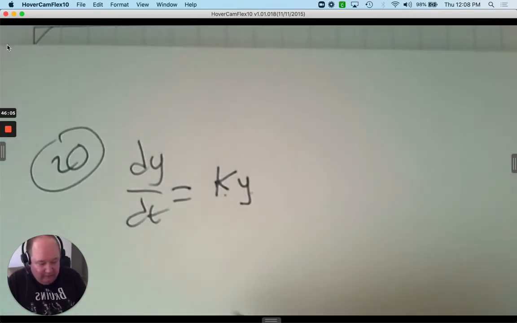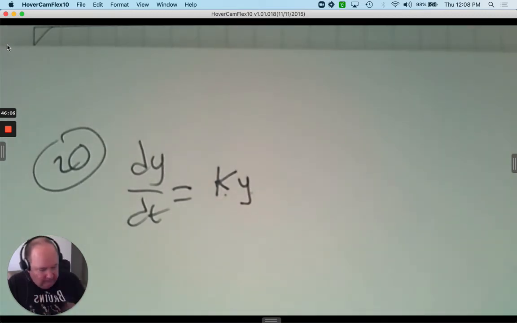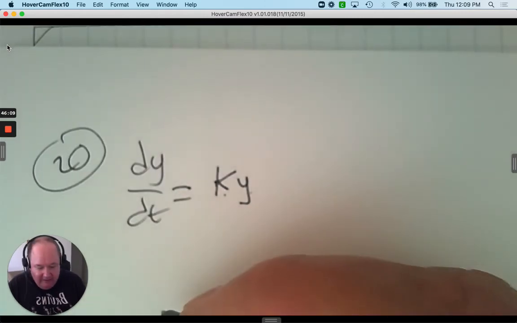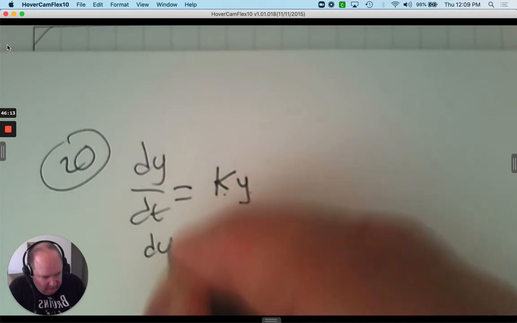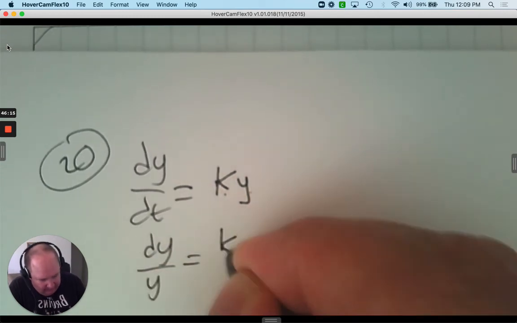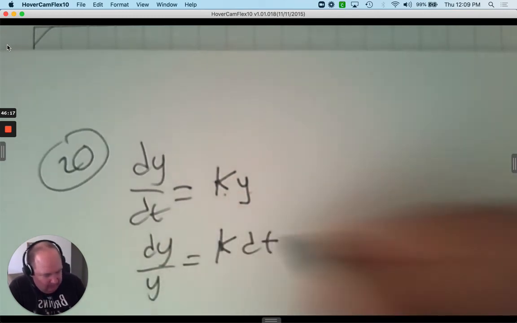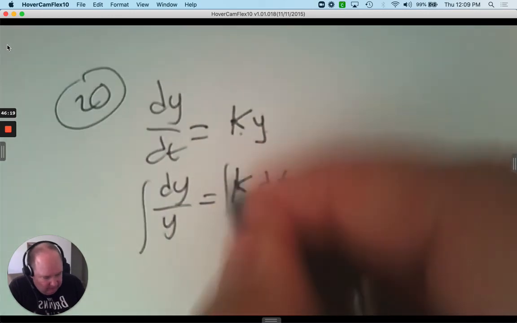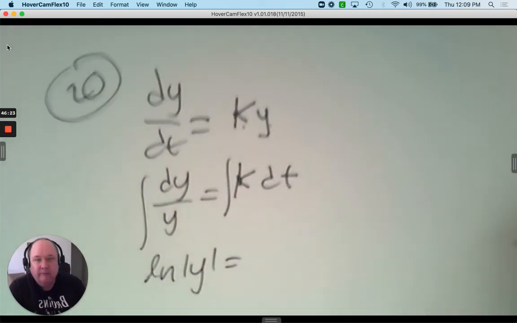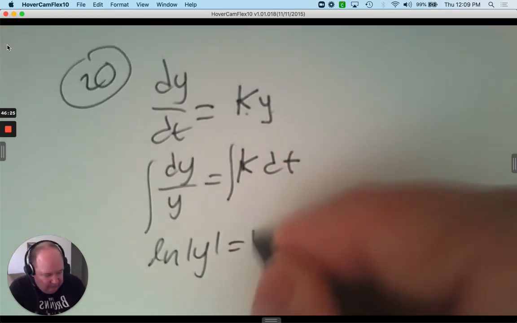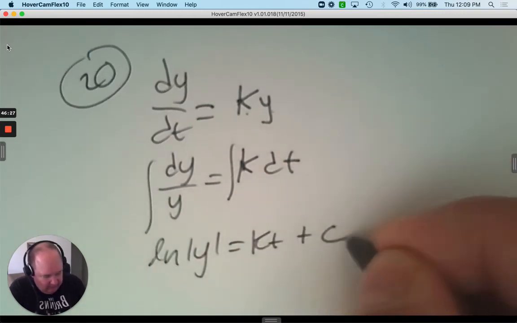If I solve this diffy-q, well, let's solve it. So it's dy divided by y equals k times dt. Integrate both sides. That's ln y. And then the antiderivative of k is just kt plus c.